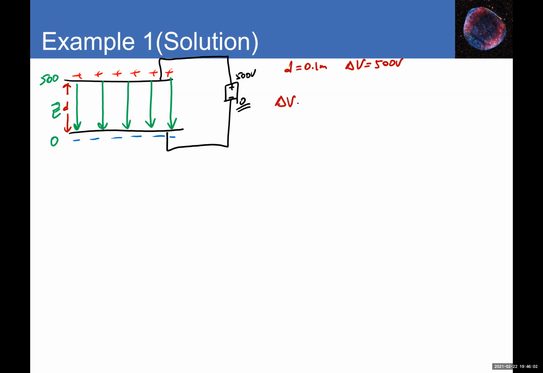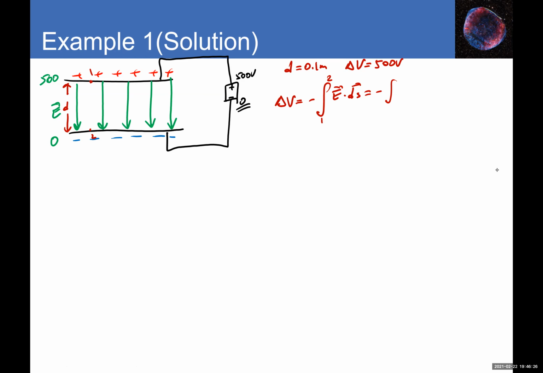Then I can say that delta V is equal to the negative integral of E dot ds, going from one plate to another. Think of it like this: the electric field here is always uniform. That's one of the things about parallel plates.